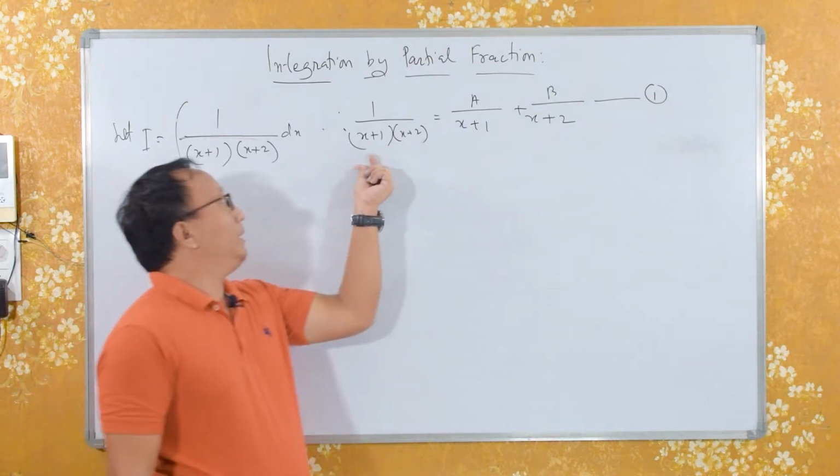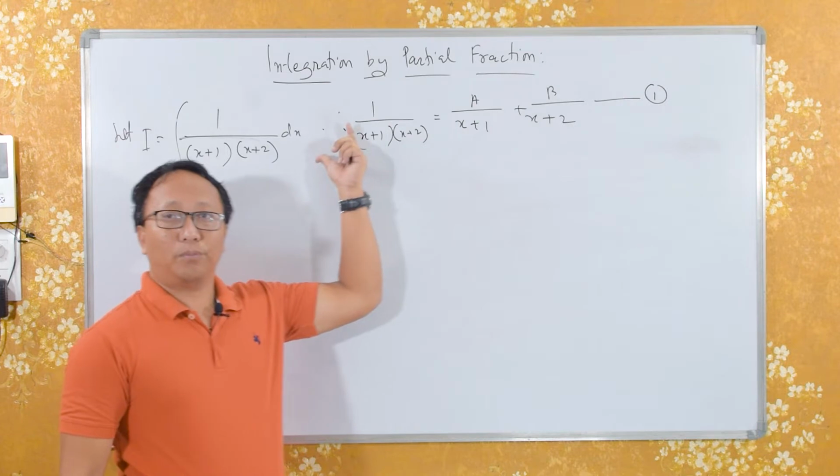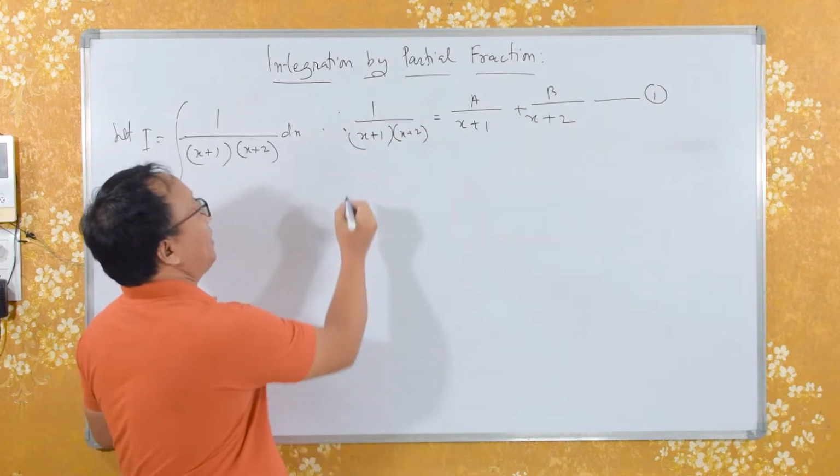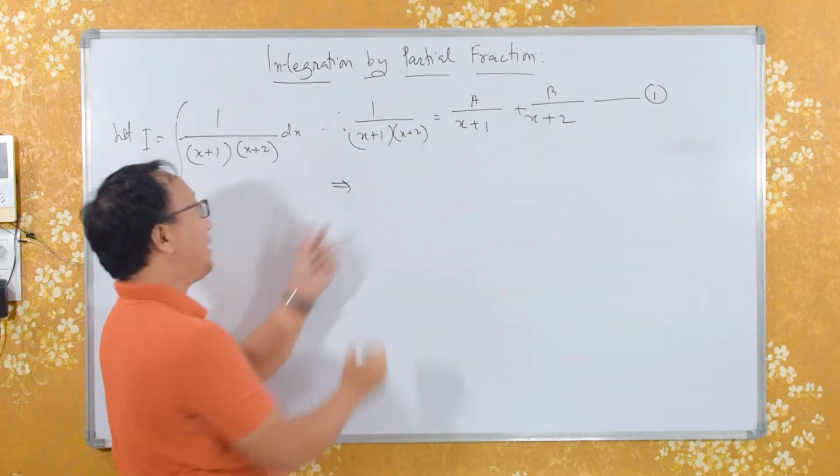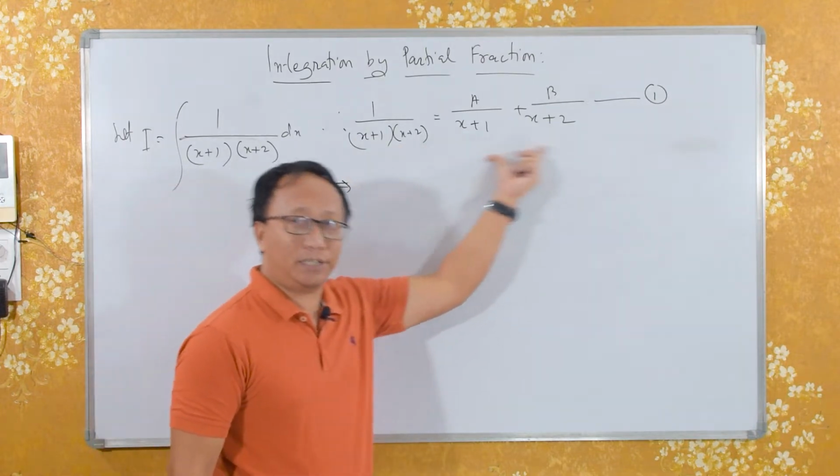Now I will multiply (x plus 1) and (x plus 2) on both sides of this equation, for each term.